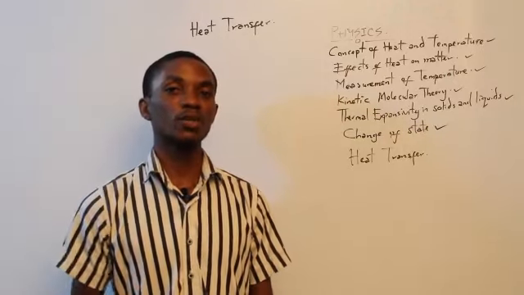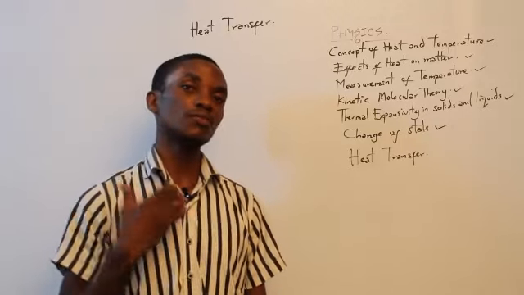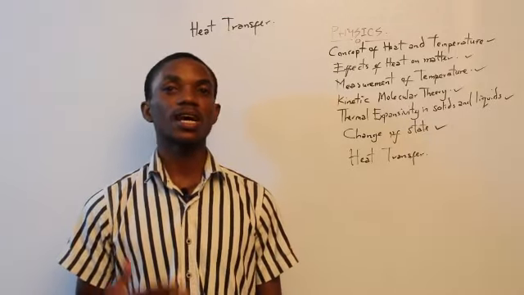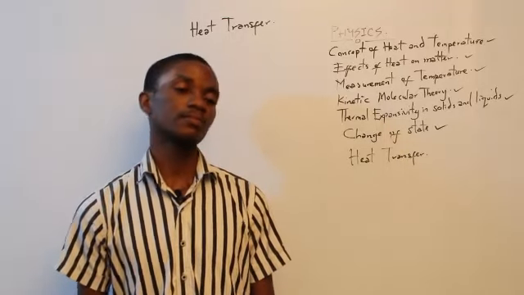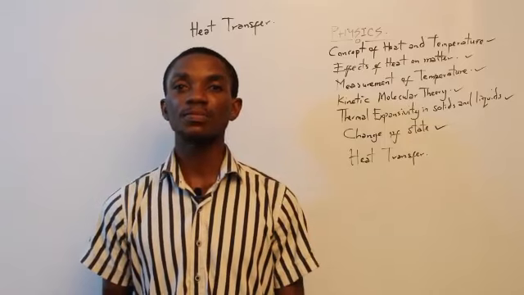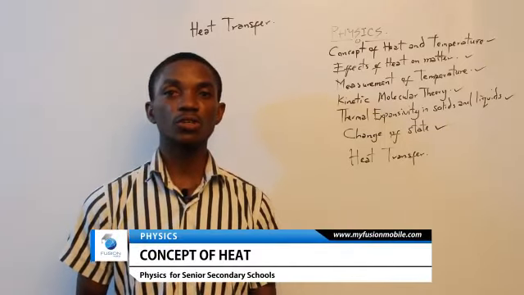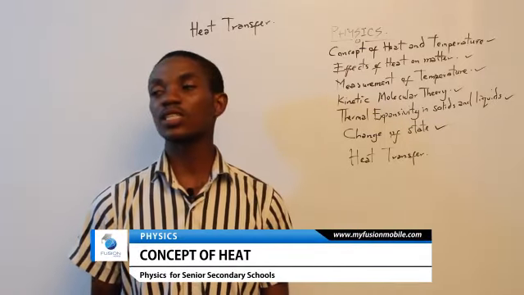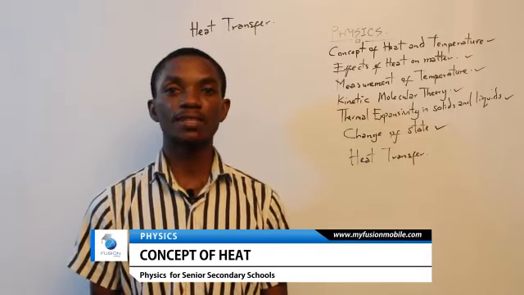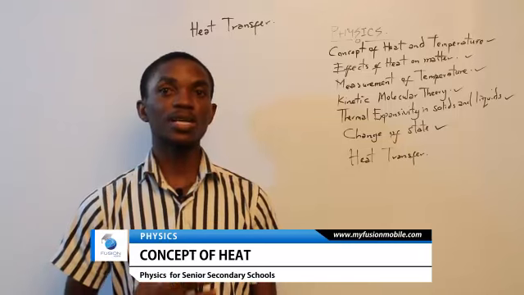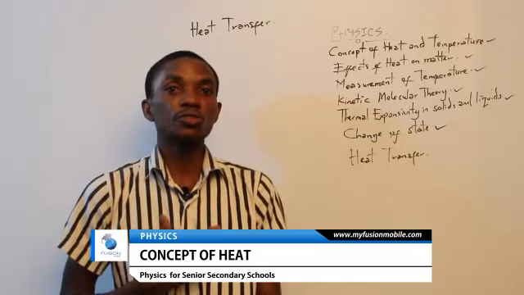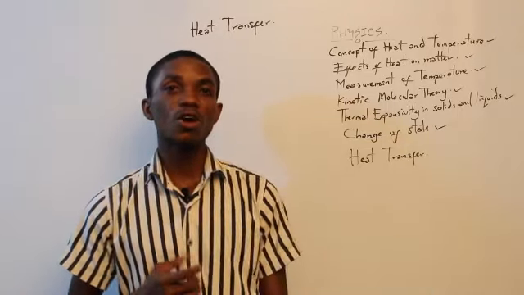That is direct, because there is physical contact between the food and the pot, and physical contact between the pot and the flame. A good example of convection heat transfer is the operation of your fan. Your fan blows cool air at you. That's why when the cool air touches you, you feel the breeze, you feel the coolness of the atmosphere.